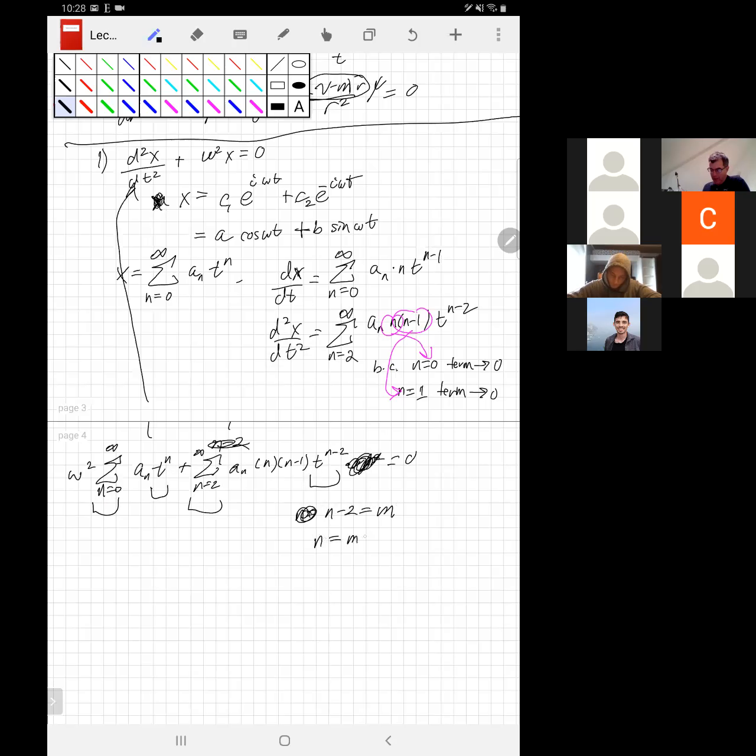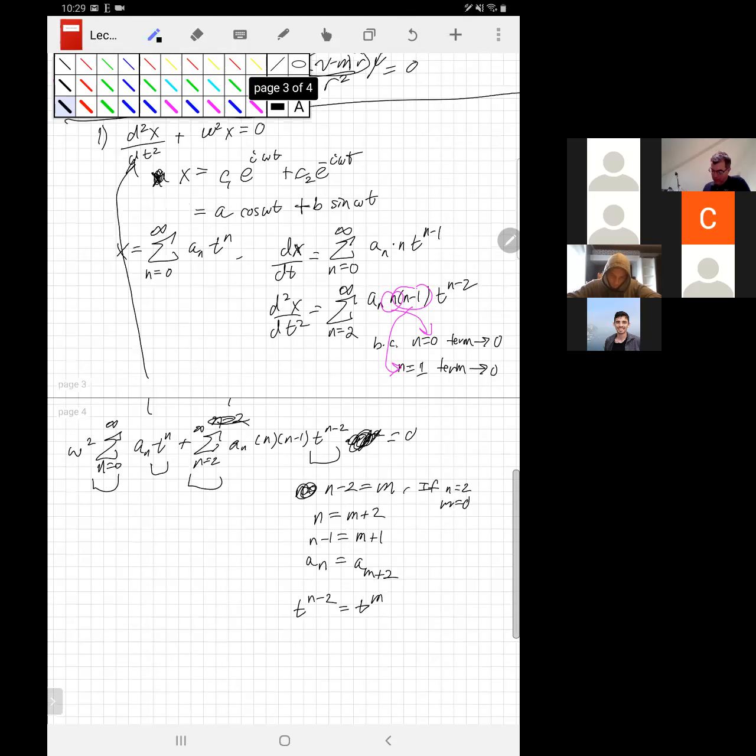Then n equals m plus 2. n minus 1 equals m plus 1. a_n is equal to a_(m+2). t to the n minus 2 equals t to the m. And if n equals 2, m equals 0.